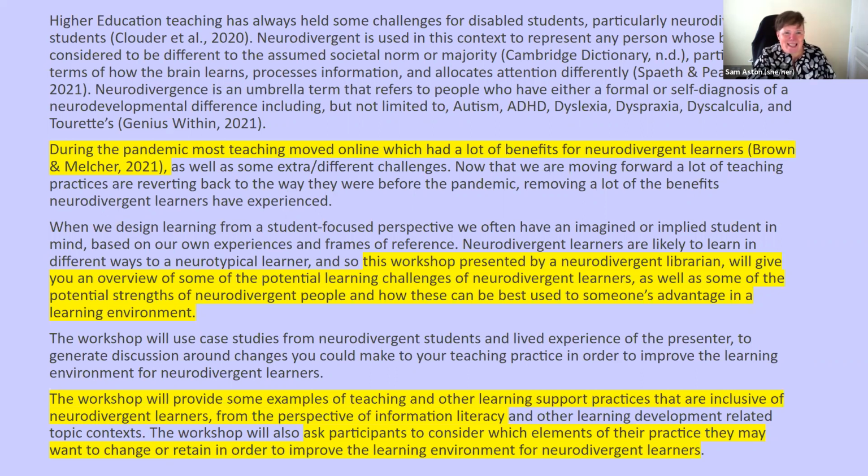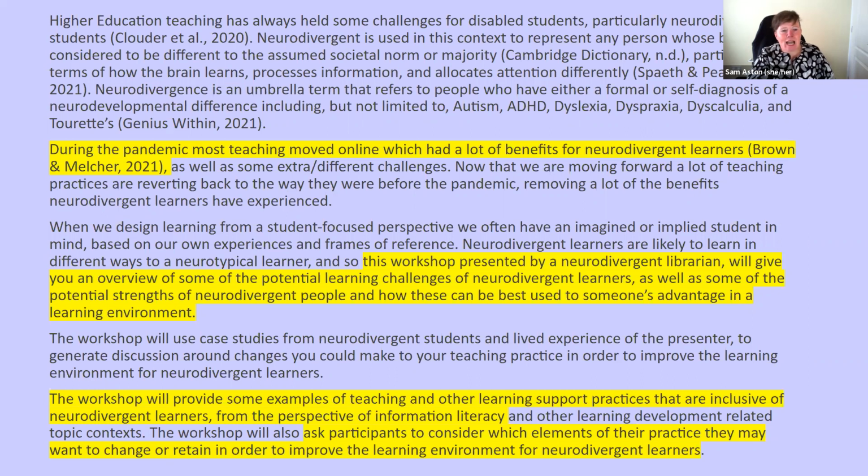As it draws towards the end, and this is where you'll commonly see this, what delegates will be able to walk away with. All right, so what the workshop's going to provide. They're going to provide examples of teaching and other learning support practices that are inclusive and come from the perspective of information literacy.